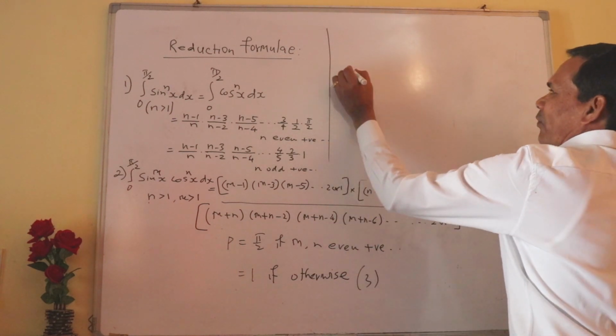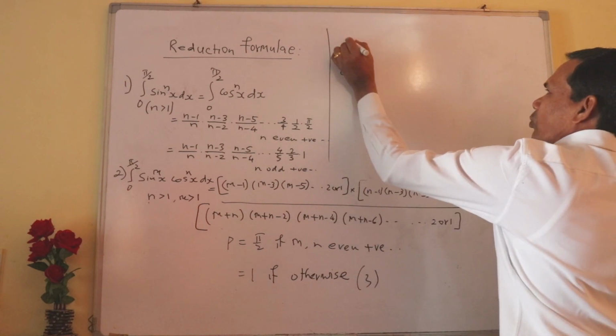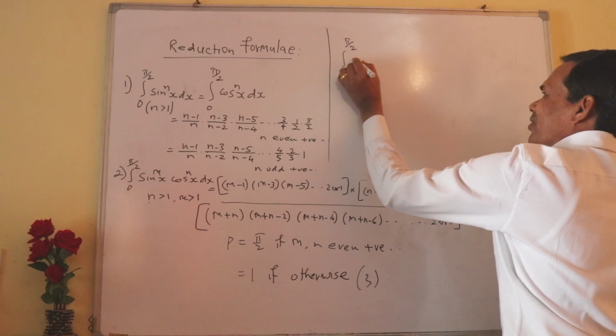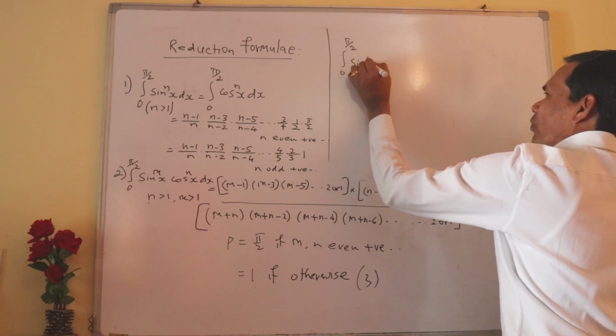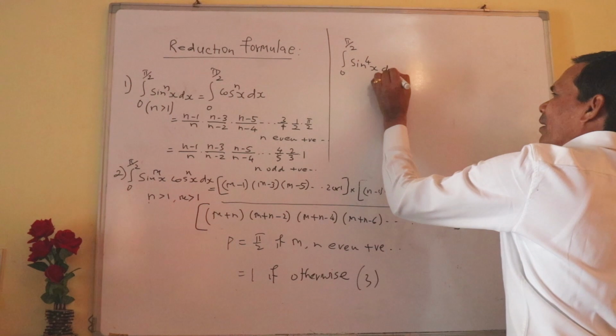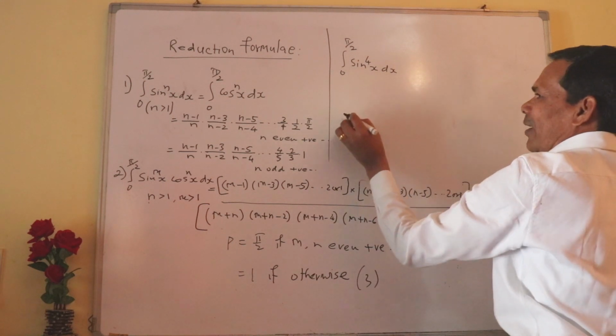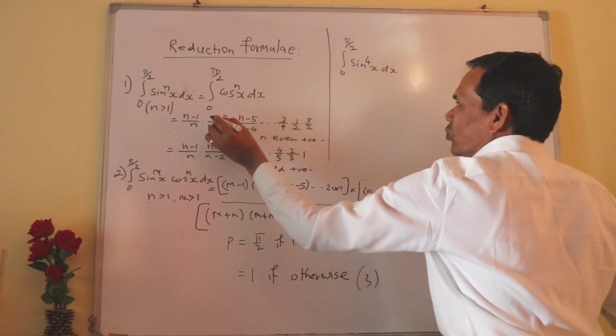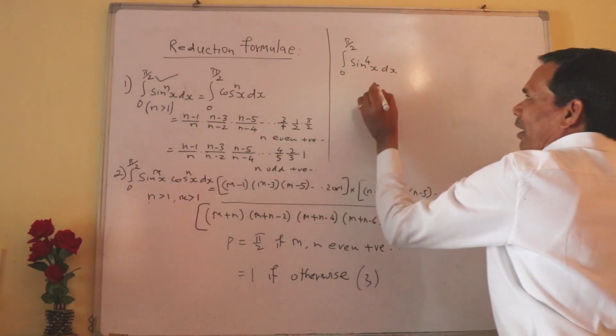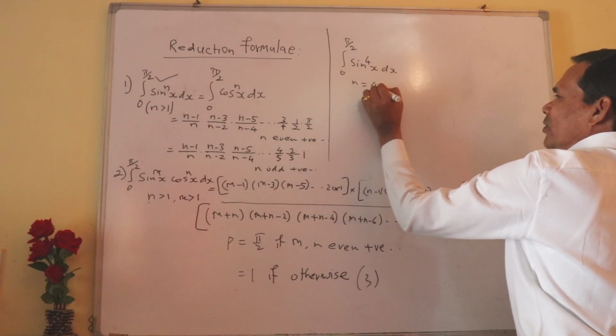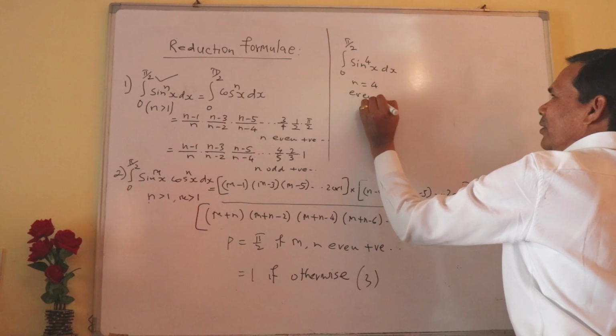Now suppose I would like to find the value of 0 to pi by 2 sine raised to 4 x dx. Then I apply this formula here. Now n is equal to 4, meaning it is an even positive integer.